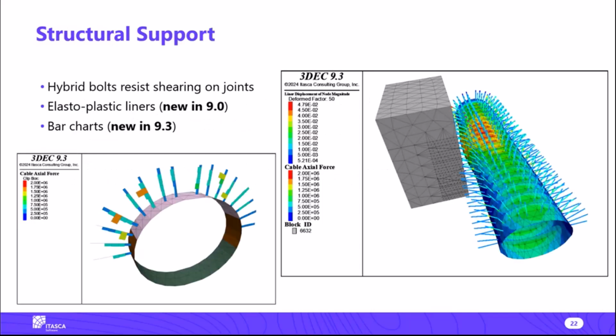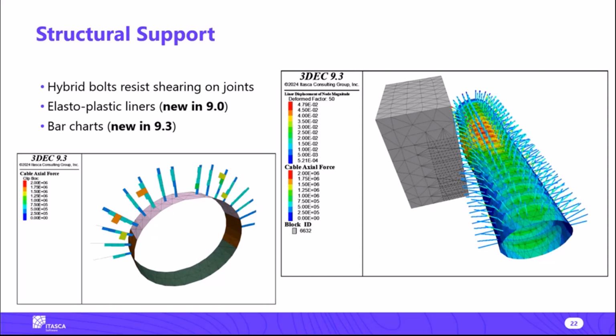I also should mention something that's useful in 3DEC, which is what we call hybrid bolts. Basically these are just cables with an extra spring in them that resists movement on the joints. Because in 3DEC you're almost always modeling some sort of jointed material, the ability to have these cables resist the joint movement is useful.